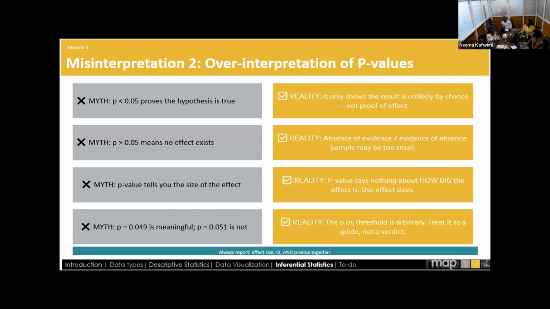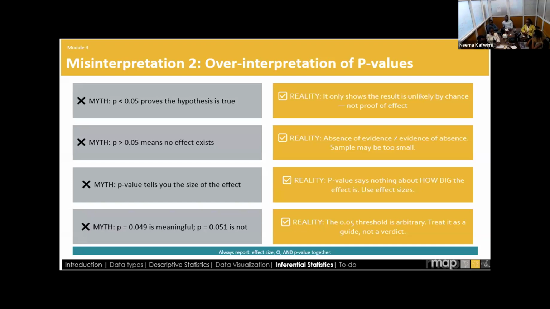How large is the effect? Maybe it's 0.001. Then the effect size is too small to practically implement any policy or intervention. So the p-value does not say how big the effect is; you have to use effect sizes. And the 0.05 threshold is arbitrary. Treat it as a guide, it's not a verdict.